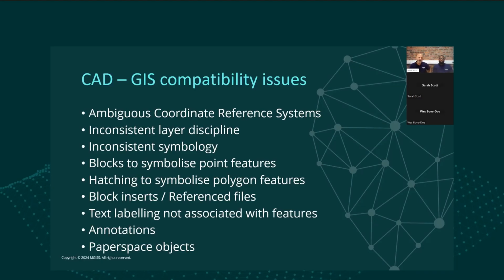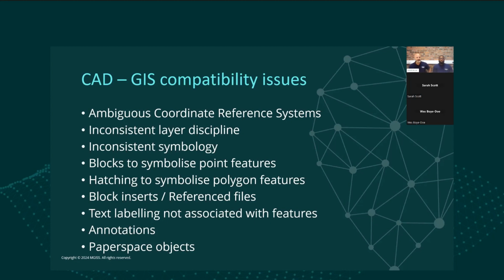Other issues on importing CAD into GIS is that the symbology for point features is lost because the symbology is stored in blocks. Likewise, when importing polygon features, we lose the hatching. There's numerous issues with block inserts and reference files.